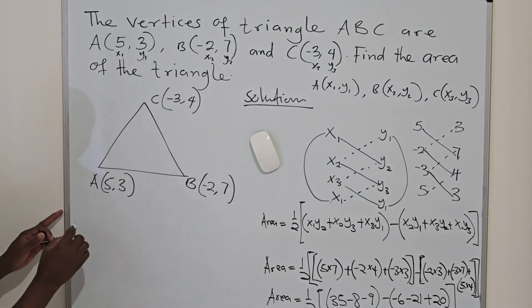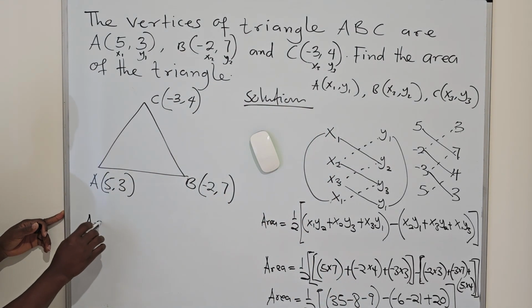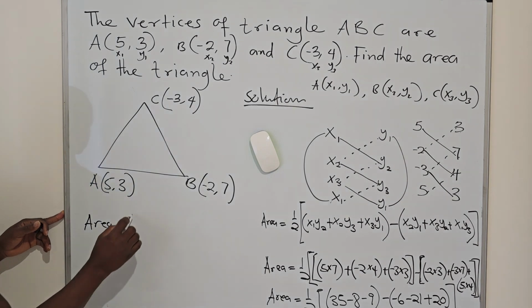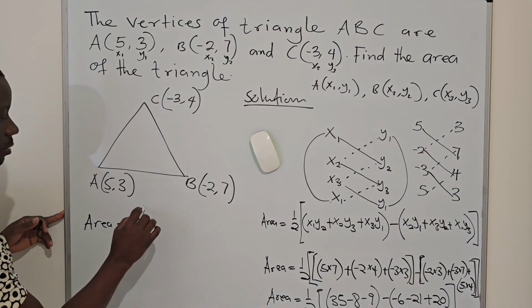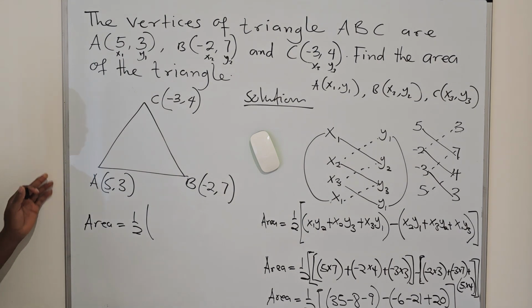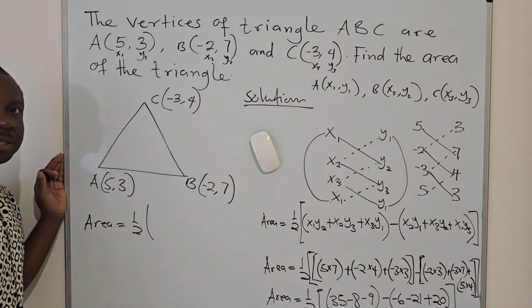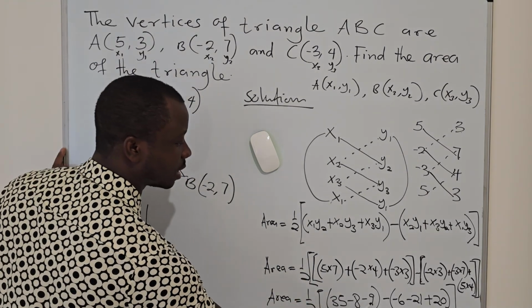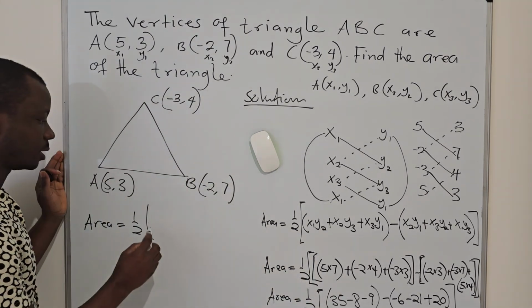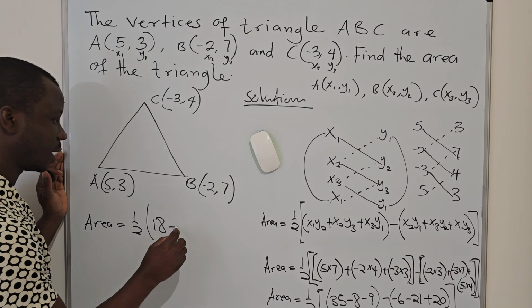Now let's come here. Let's move into this side. So we have area equal to 1/2 into bracket 35 minus 8 is going to give you 27. 27 minus 9 is going to give you 18. Minus.